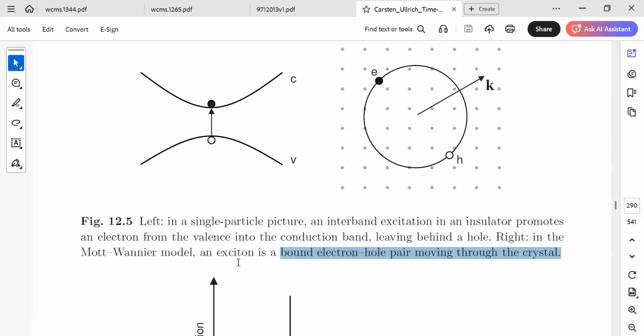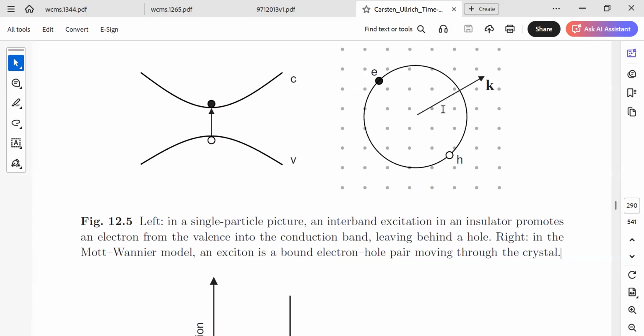Whenever there is some electron and it goes to an excited state, then the dynamics of that electron is not the dynamics of that single electron. It is actually the dynamics of a pair, that is, the electron-hole pair. This is what is called the Mott-Wannier model.